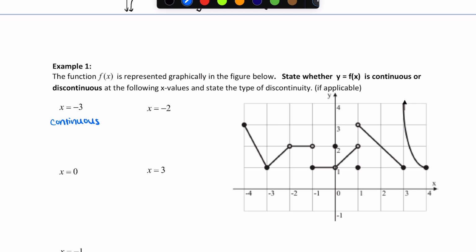For x equals -2, we see that there's a hole, and so here we can indicate that it's a point discontinuity.